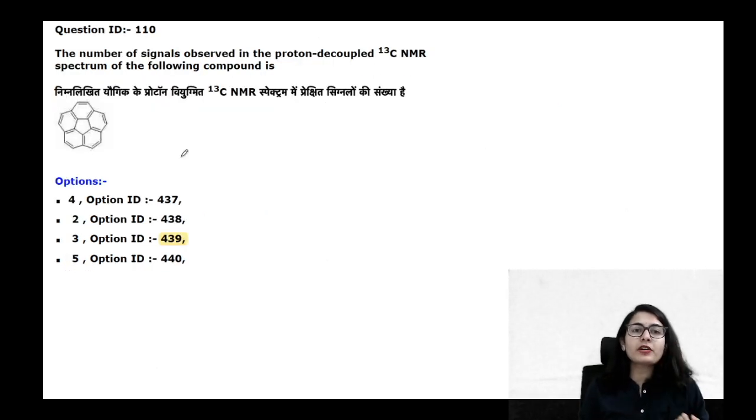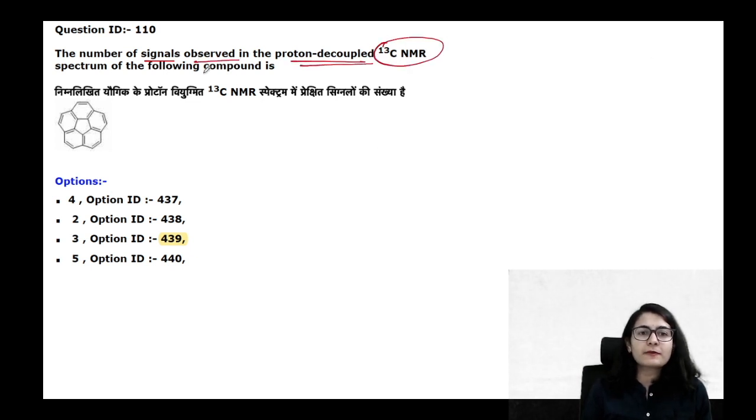Alright, next important question, guys. The number of signals observed in the proton decoupled C13 NMR spectrum of the following compound is. Now, it is so simple, guys. You just have to see the symmetry, number of signals observed. So look over here, you are having a C5 axis. How do I know a C5?